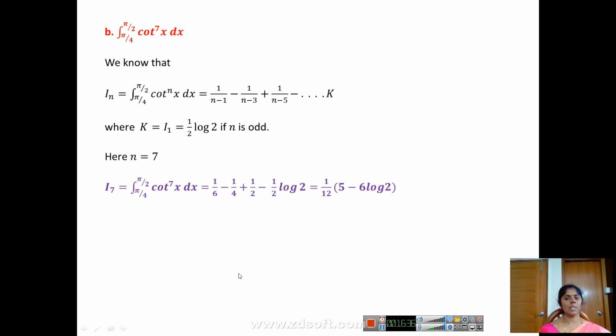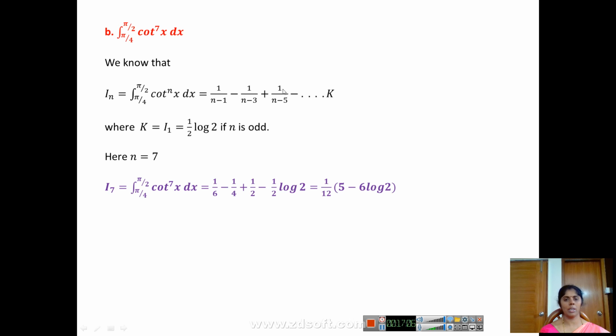The second problem is the integral from pi by 4 to pi by 2 of cot to the power 7 of x dx. We know that I_n equals the integral from pi by 4 to pi by 2 of cot to the power n of x dx equals 1 divided by n minus 1, minus 1 divided by n minus 3, plus 1 divided by n minus 5, minus, up to k.